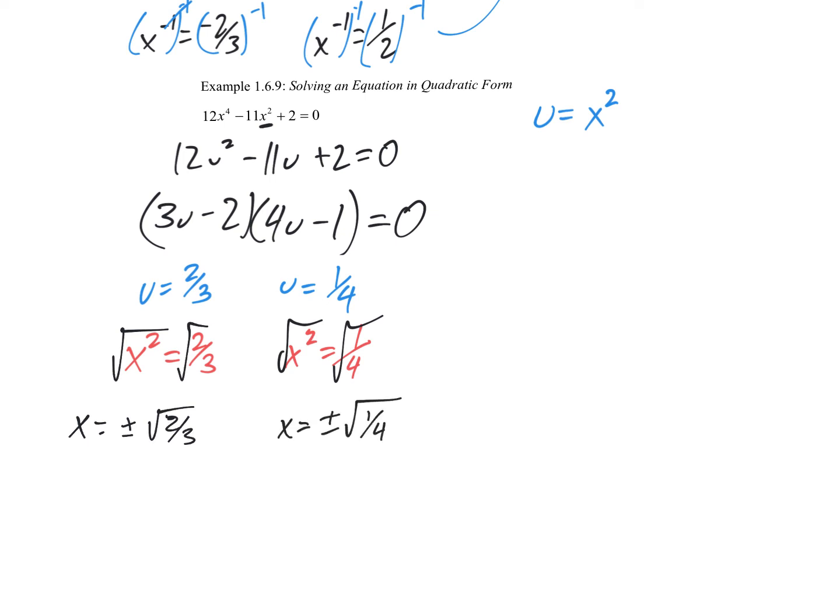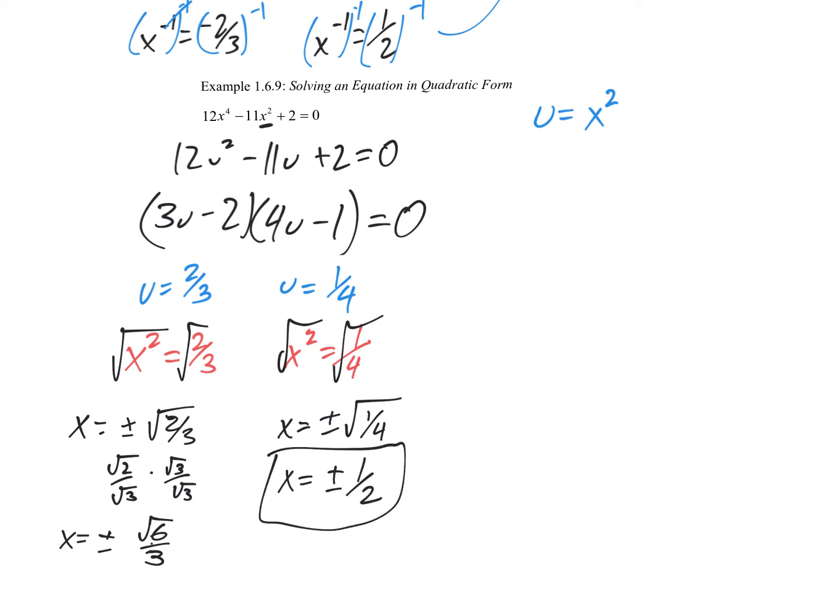And of course, these do simplify down. And we should end up rationalizing this. So we had root 2 over root 3. And we'll rationalize it, and we should get plus or minus root 6 over 3. That's my first solution. Okay, and the second one actually works out much nicer. This one is just plus or minus 1/2 when we simplify it, right?